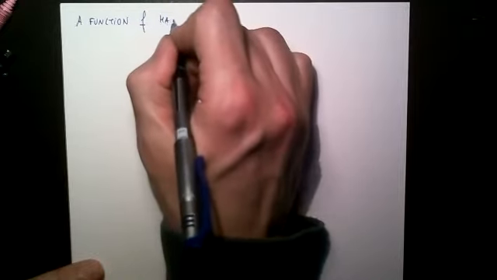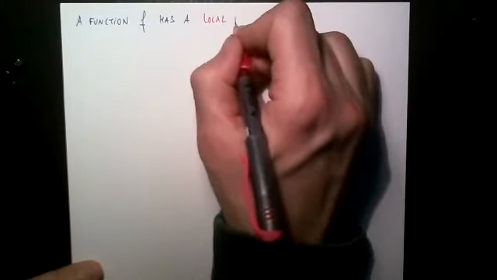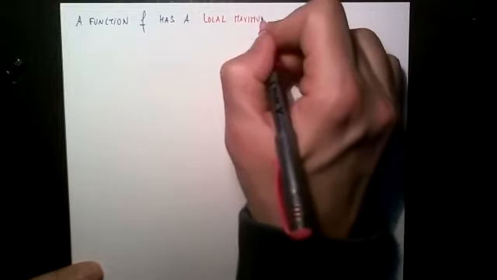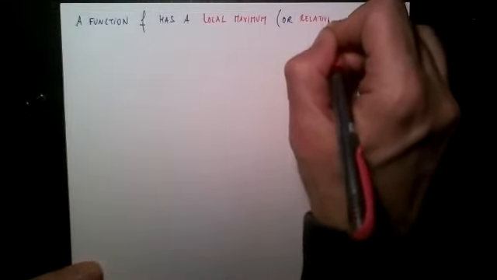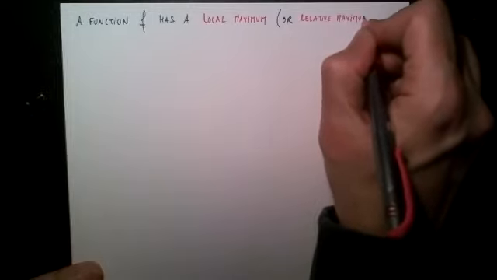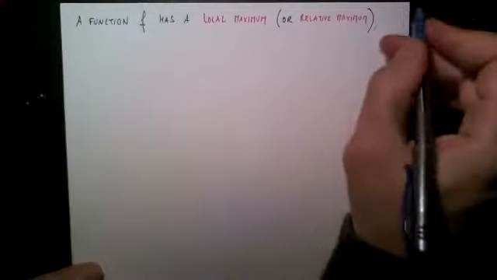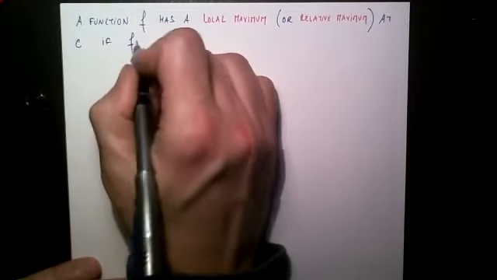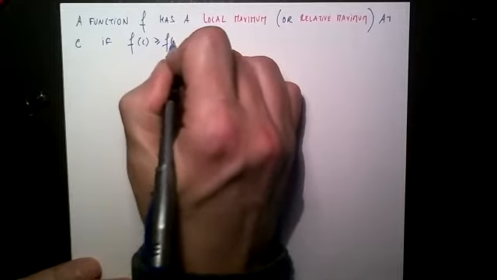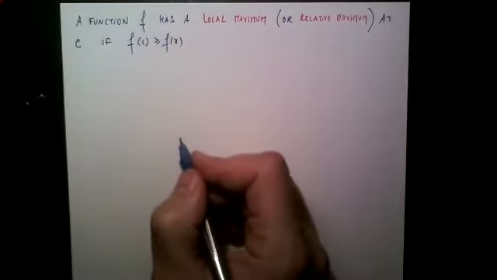So a function f has a local maximum, or it's also called a relative maximum, at C, if f of C is greater than or equal to f of x.